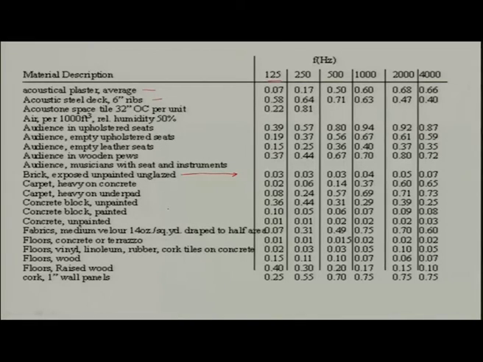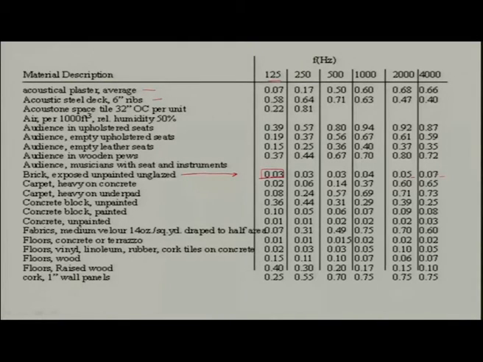Okay. So, then in that case its alpha is 0.03, and it remains same up to 250, 500 hertz, but at 1000 hertz it becomes higher. At 2000 hertz it becomes 5%, and at 4000 hertz it becomes 7%.